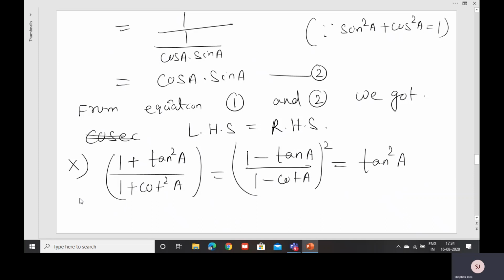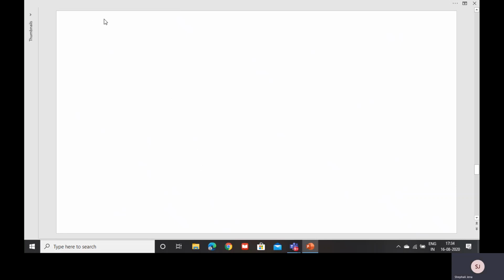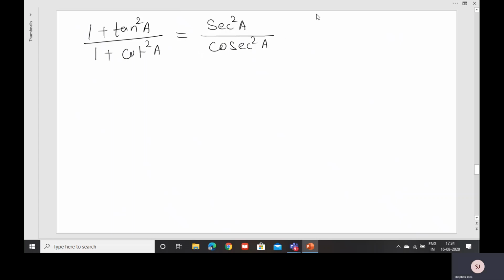So first step we should write: (1 plus tan square A) divided by (1 plus cot square A) is equal to, we know that 1 plus tan square A is sec square A, divided by 1 plus cot square A is cosec square A. We should write here, since identity 1 plus tan square A is equal to sec square A, 1 plus cot square A is equal to cosec square A.